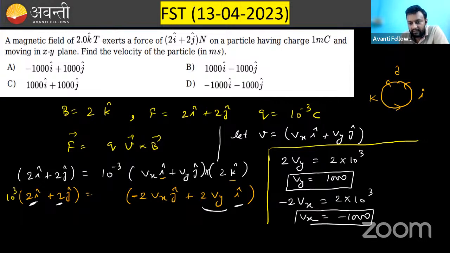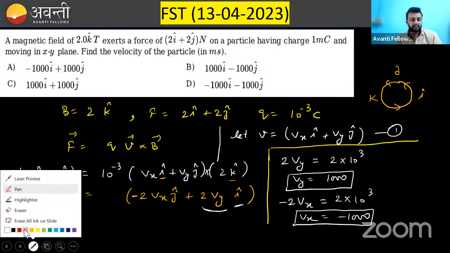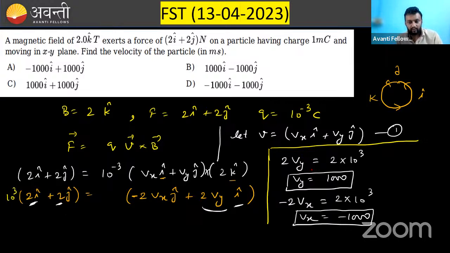Now you know the value of Vx and Vy. Where will you put this value? In this equation number 1. Put the value and you will get the answer. If I put Vx is minus 1000 I cap plus 1000 J cap, which is option number A. Clear?